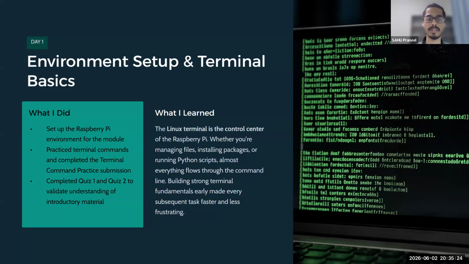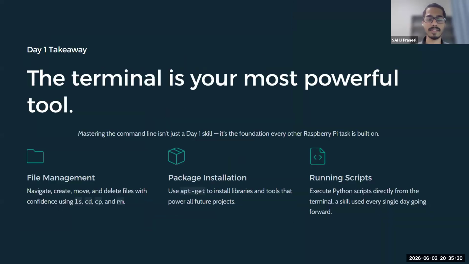We completed quiz 1 and quiz 2 to validate our understanding of the introductory material on terminal basics. The terminal basics cover three things: file management, package installation, and running scripts and programming scripts that you can run using the terminal itself.